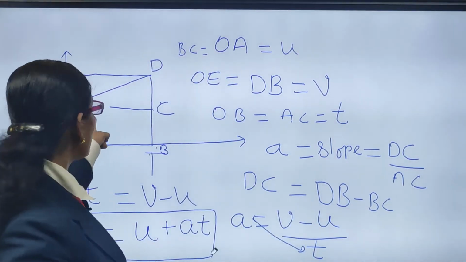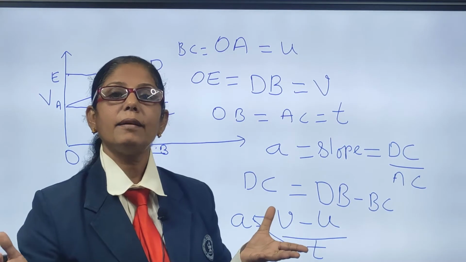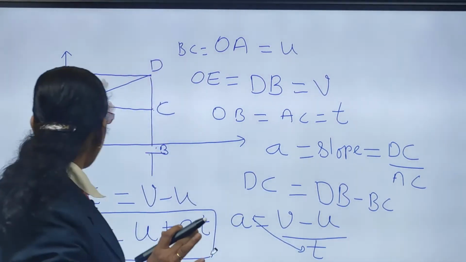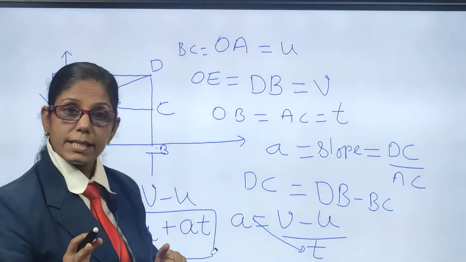First of all, draw the velocity time graph of the uniformly accelerated body. So, AD represents the graph.